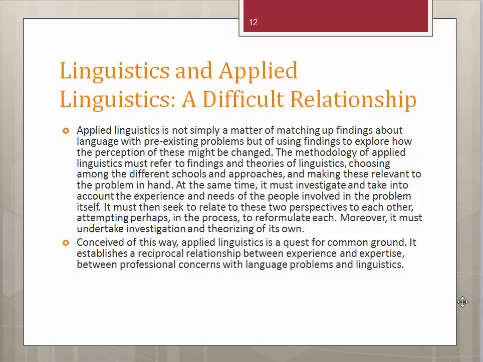So what is its next role? Its next role is to relate these two perspectives. Conceived of this way, applied linguistics is a quest for common ground. It establishes a reciprocal relationship between experience and expertise, between professional concerns with language problems and linguistics.